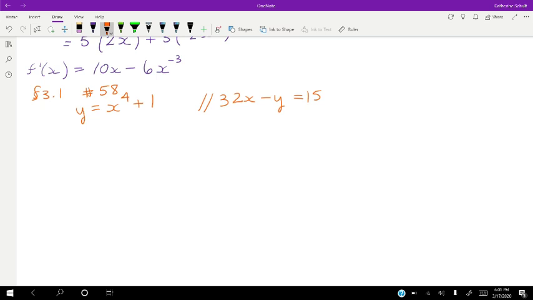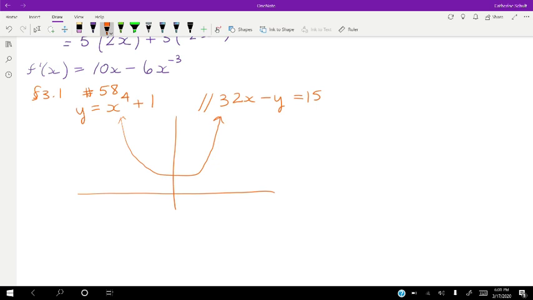Okay, so let's kind of get a picture of what's going on. Very visual problem. X to the fourth kind of looks like a parabola, and then the plus 1 means we're just going to be vertically shifted 1 unit. All right, so that's x to the fourth plus 1.